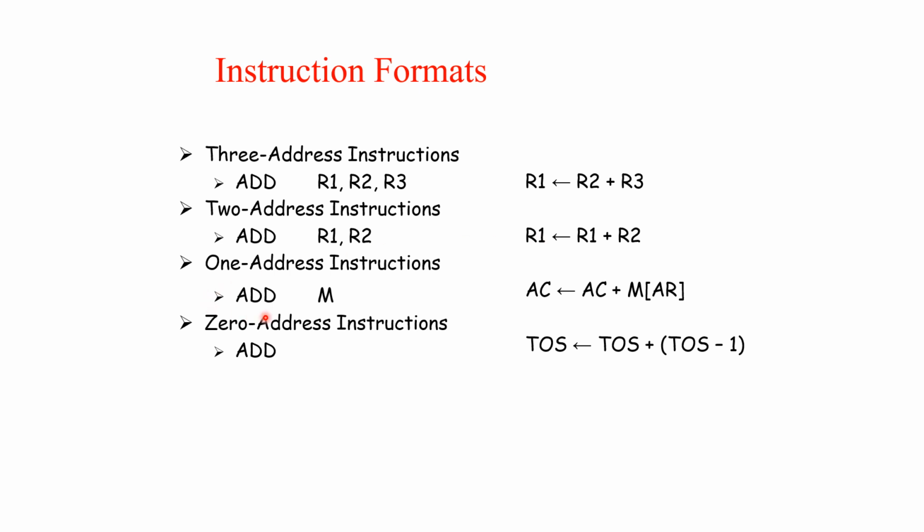For example, add M. In this instruction, the operation add specifies that the value stored at memory location M will be added to the value in the accumulator. The result of this addition is then stored back in the accumulator.